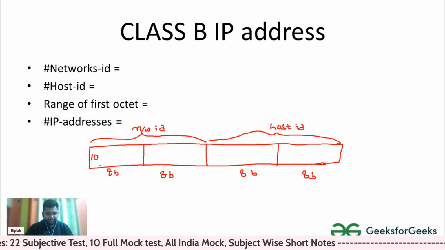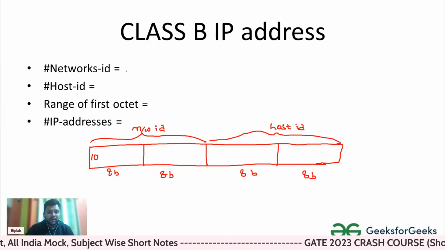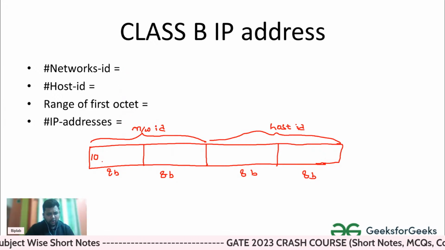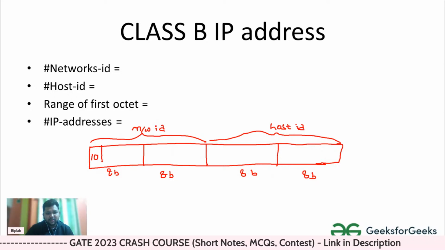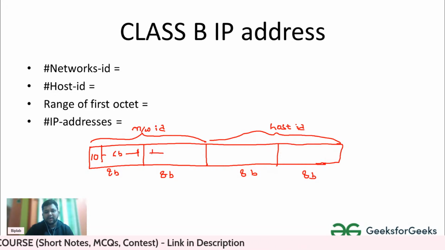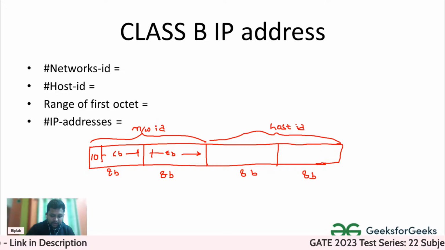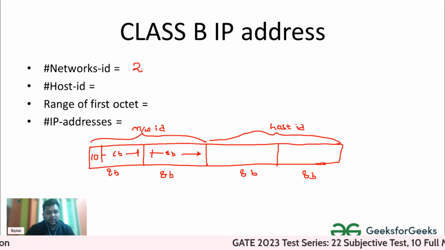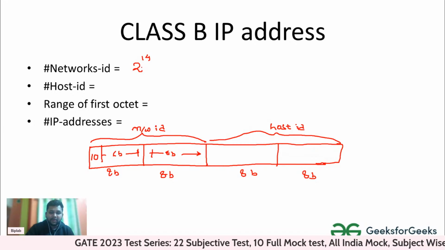And we use the rest as our host ID. Now tell me how many possible network IDs we can have. How many free bits are available? Here 2 bits are fixed, so you have 6 bits here and 8 bits here. In total there are 14 bits. So there are 2 to the power 14 networks available.